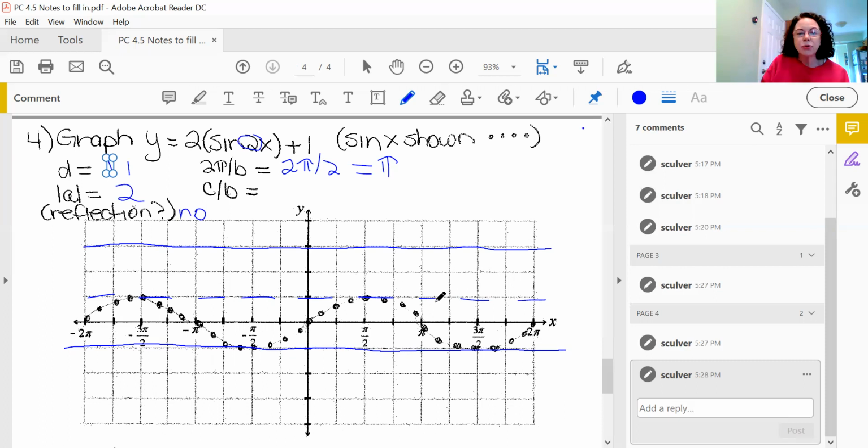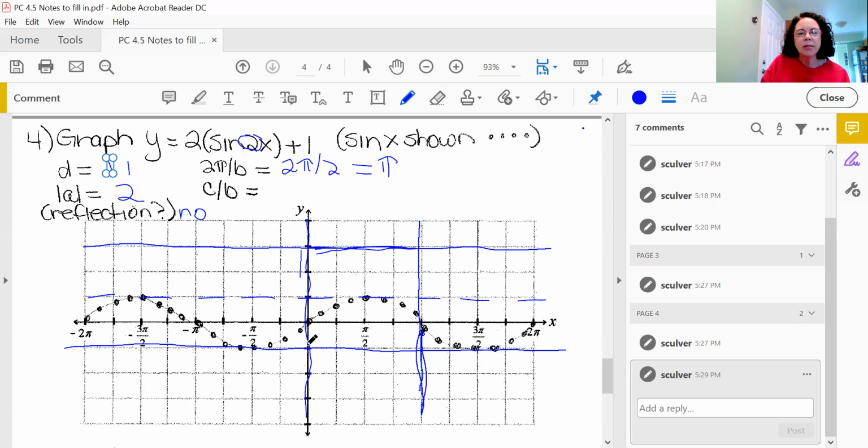So I'm going to draw a horizontal boundary, starting on the y-axis, with a vertical line at x equals pi. Here's my boundary, let's make it a little darker.